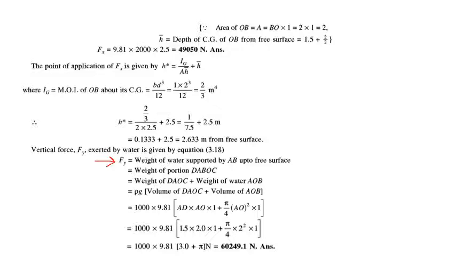So we know weight is specific weight into volume, which is rho G into the volume. So rho G into the volume of the rectangle DAOC, and the volume of this quadrant.